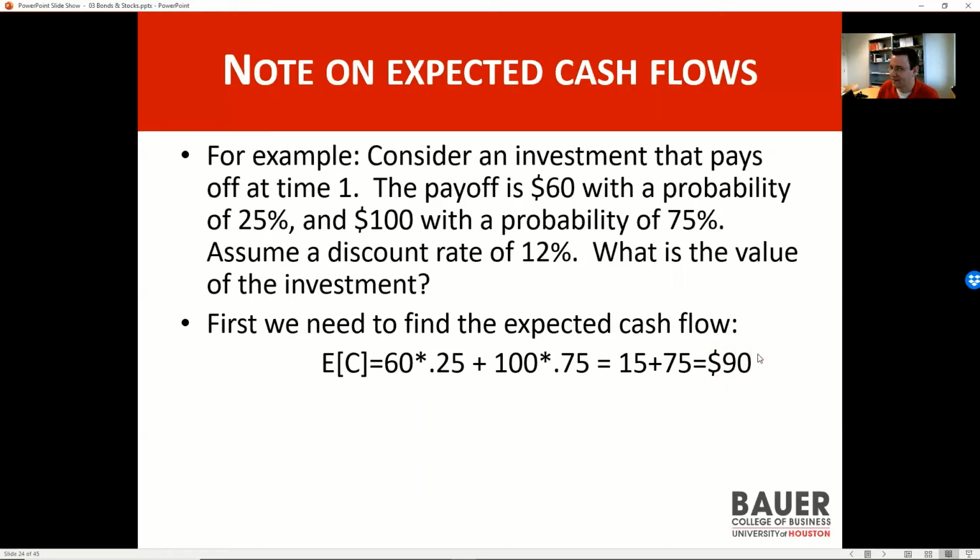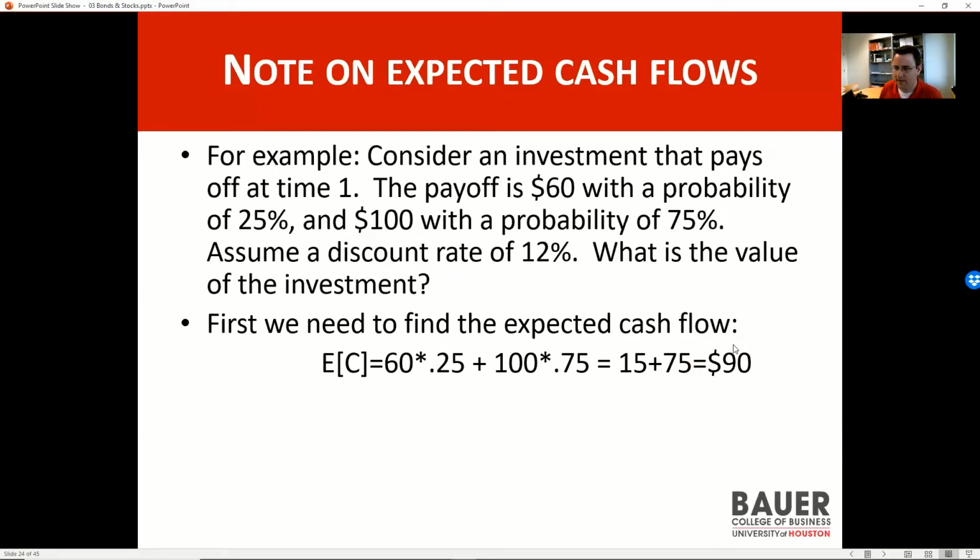Again, the colloquial use of what we expect to happen doesn't map very well into the probabilistic sense of that word, right? We expect to happen 100 in the colloquial sense, because that's the most likely outcome. So you could say we expect to get 100, but that would be wrong when we're talking about probability here. We expect to get 90 because that's the weighted average. So that's something to keep in mind.